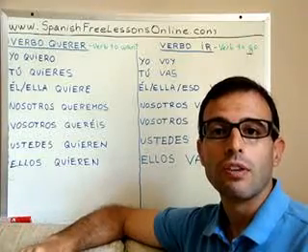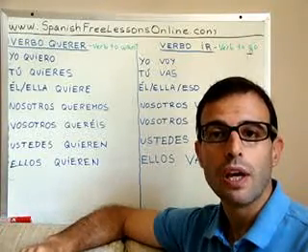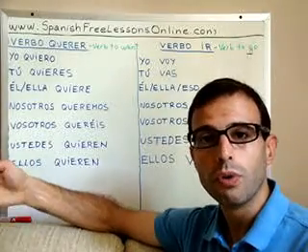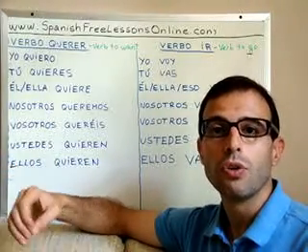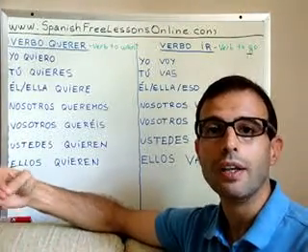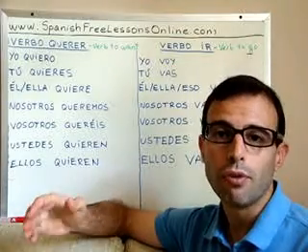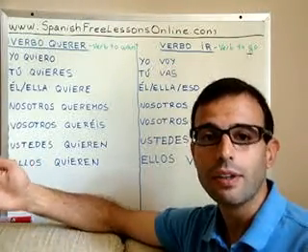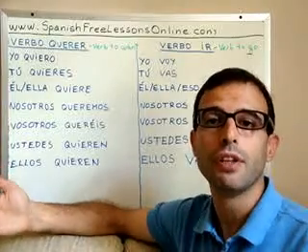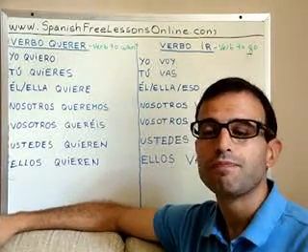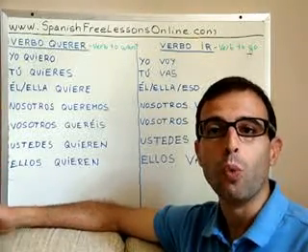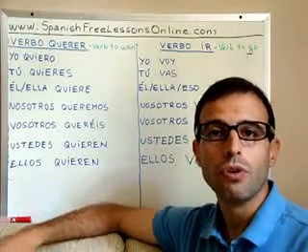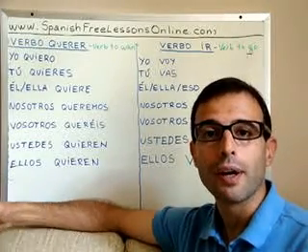So in Spanish, if you want to say I will go, you would say yo voy a ir, right? Voy is the conjugation of the verb to go, and ir is the verb to go in infinitive. If you want to say I will eat in Spanish, you say yo voy a comer.